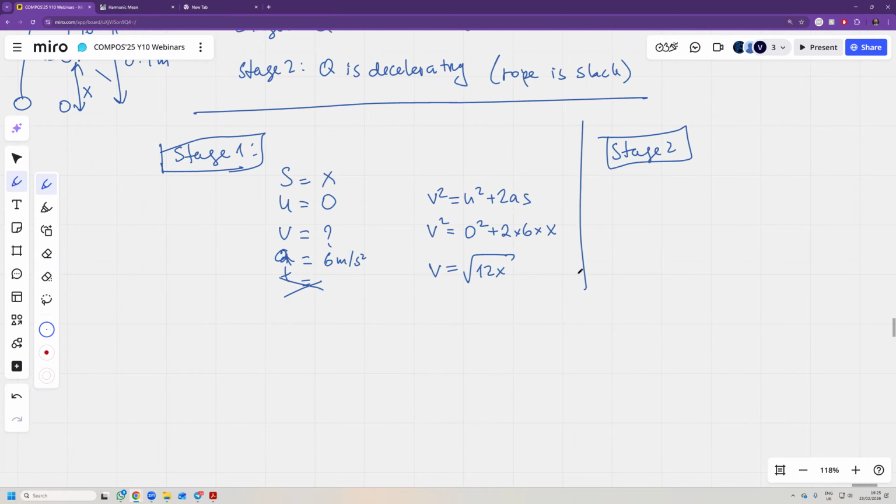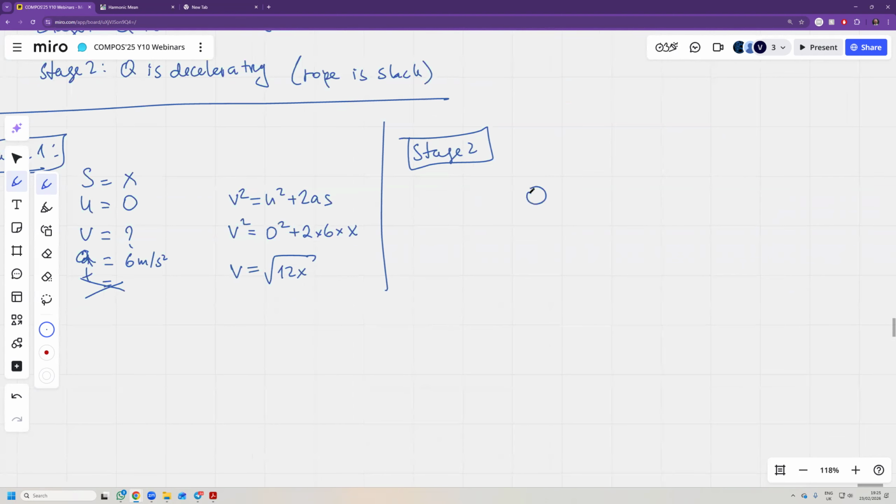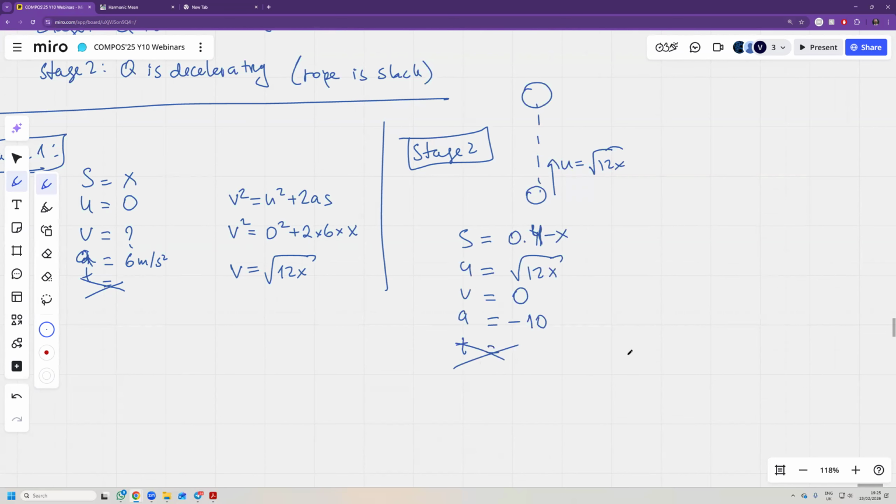Stage two. Now Q is moving up with initial velocity root 12x, and then stopping just before reaching the pulley. So we write another suvat. Displacement is 0.4 minus x. Initial velocity is the square root of 12x. Final velocity is 0. Acceleration is minus 10 because it's now moving freely under gravity, and we don't care about t.